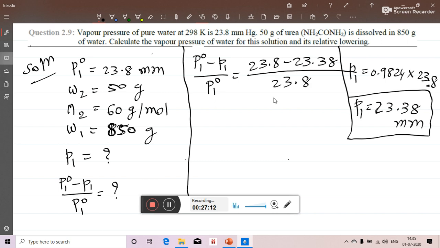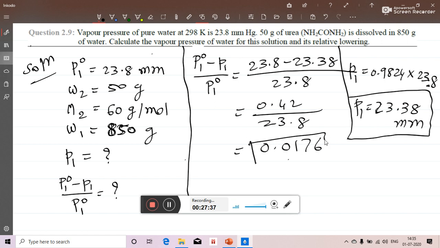Now the subtraction of 23.8 minus 23.38 is 0.42. So 0.42 upon 23.8, so that is equal to 0.0176. So that is the relative lowering. So this is our second answer.